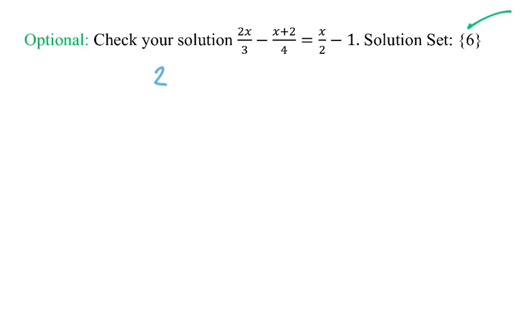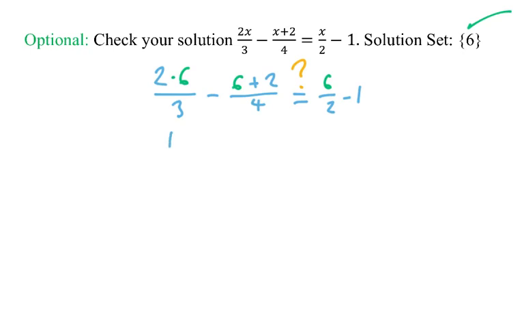So we would have, if we do that, 2 times 6 over 3 minus, and then inside the fraction here, 6 plus 2 over 4. And what I'm going to do is put a question mark over the equal sign because I'm wondering, is this going to be equal? And on the other side of the equation, I'll write 6 over 2, substituting the 6, minus 1. And now let's simplify everything as best we can.